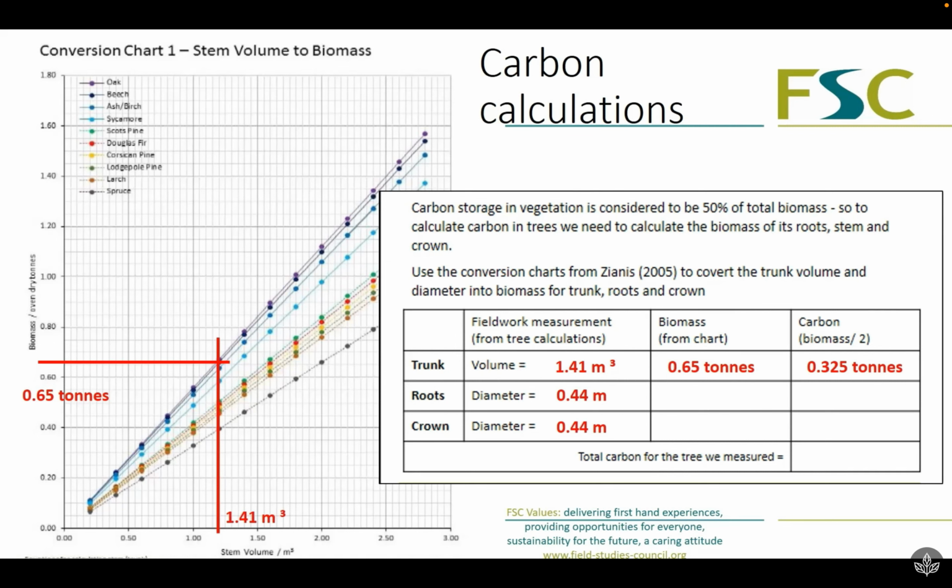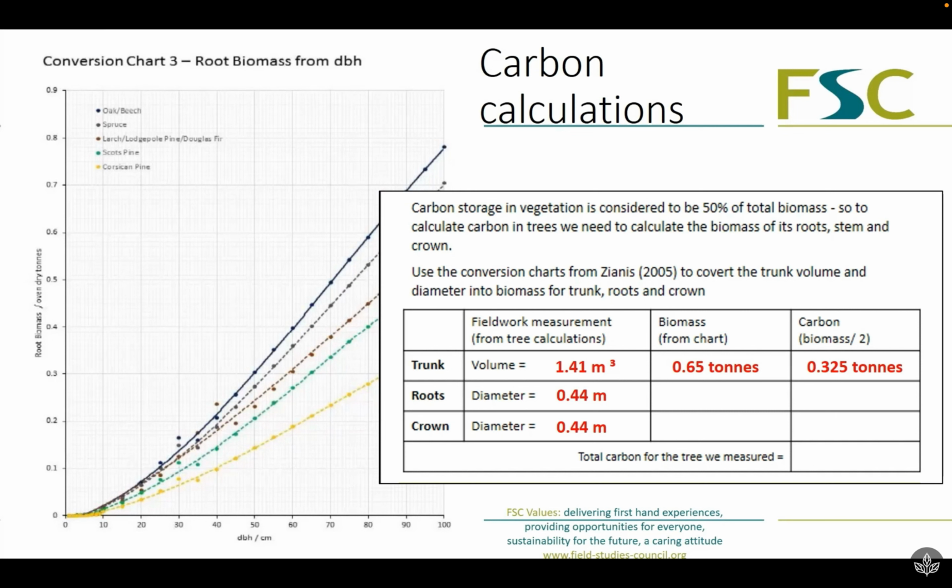The next stage is to go back to our diameter for the roots. We've got a different graph here, different chart. And exactly the same again, so I'm going to find 0.44 on my x-axis, and I'm going to follow that up to the dark blue line for beech, and then across to work out the biomass, which in this case is 0.25. Again, divide that by 2 to get the carbon.